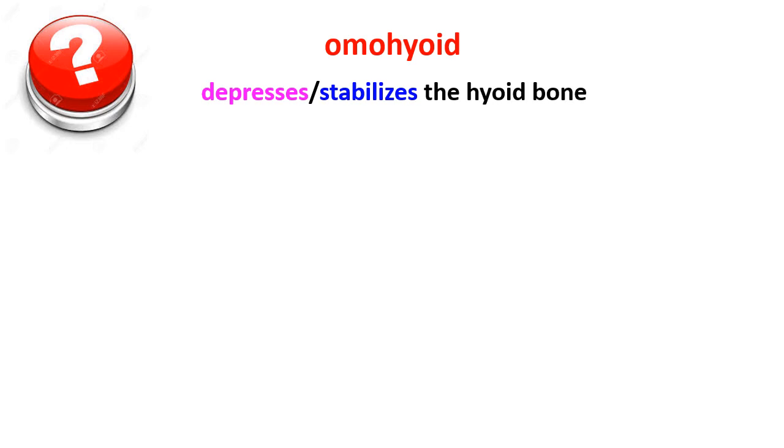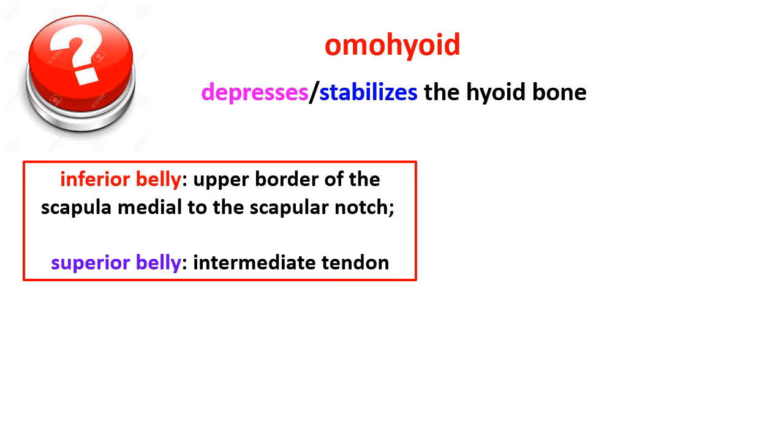Let us organize some basic information about the omohyoid we have just seen by asking ourselves a few questions. What does it do? When the scapula is fixed, it depresses and at the same time stabilizes the hyoid bone.